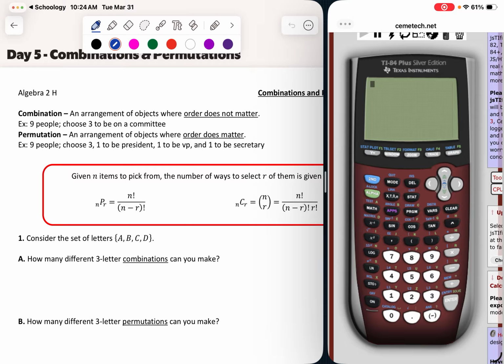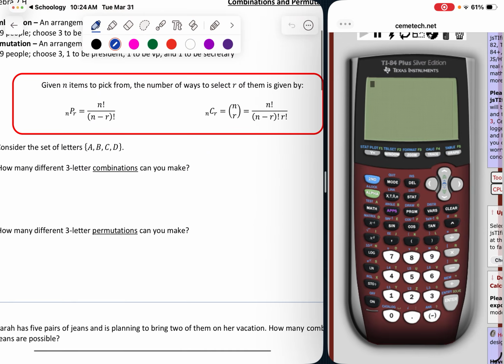For a permutation, though, if I chose Sally to be president and Bobby to be vice president and Carl to be secretary, versus Carl to be president and Sally to be VP and whatever the other guy's name was to be secretary, that's a permutation. Okay, so when the order does matter, that is permutation, and when it doesn't matter, that's combination.